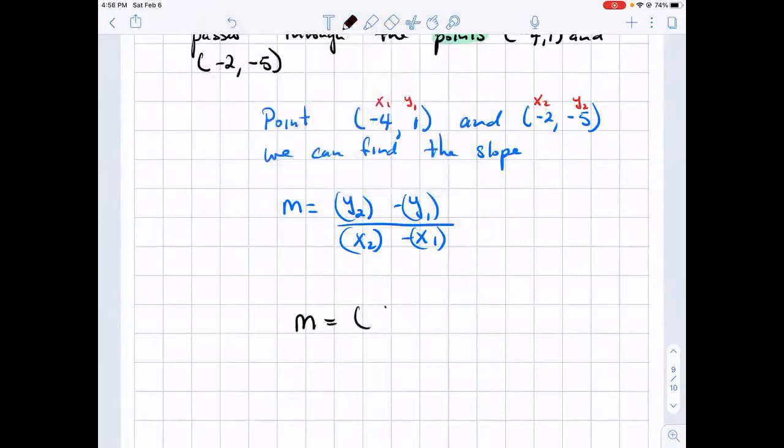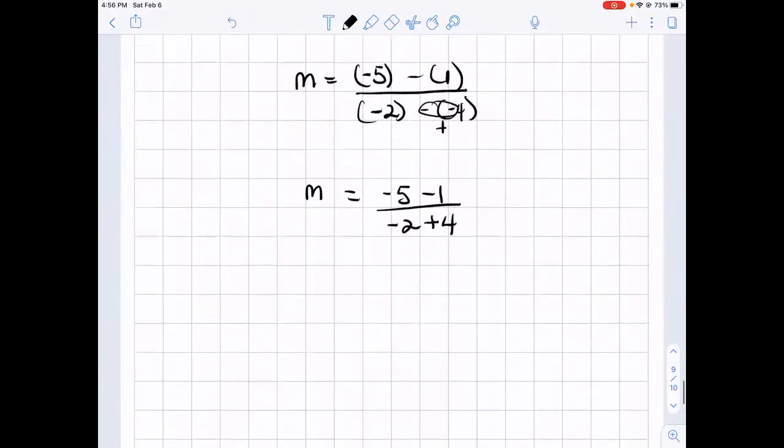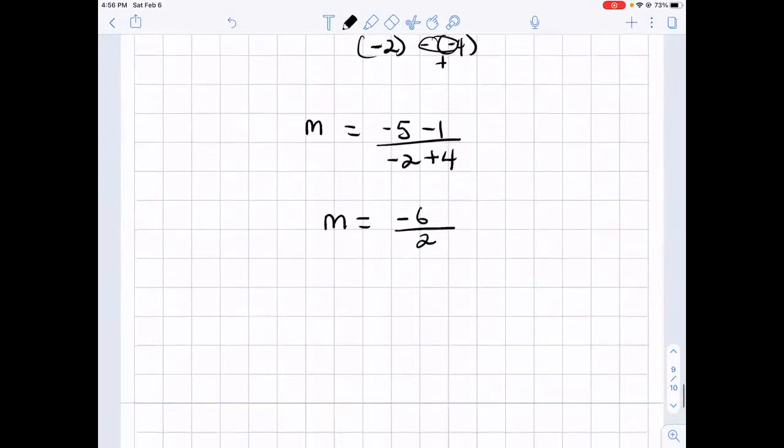My y2 would be minus 5 and my y1 would be 1. x2 will be minus 2 and x1 will be minus 4. So now we have minus 5 minus 1 divided by minus 2. These two negatives become positive, so that's a plus 4. So finally, m is minus 6 over negative 2 plus 4 is 2. And this can be simplified to be minus 3.